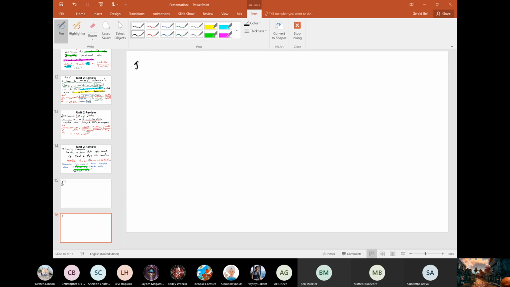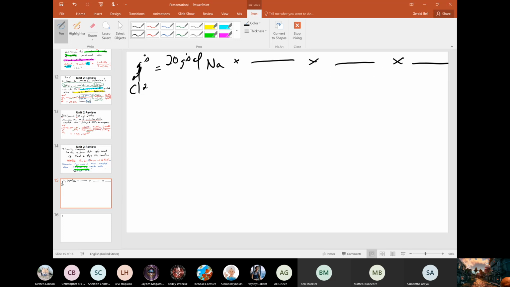Oh, jeez, okay. This could get sloppier than normal. So we're after the grams of Cl2, knowing we have 20 grams of Na. Sorry, it's out of alignment here.